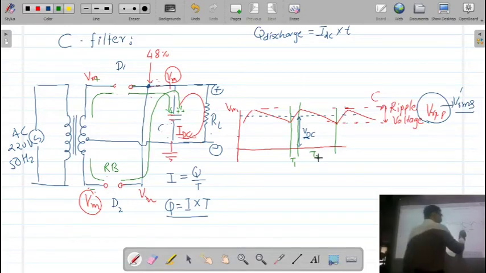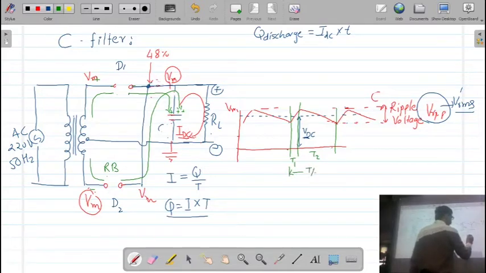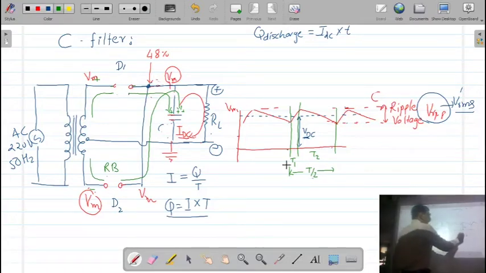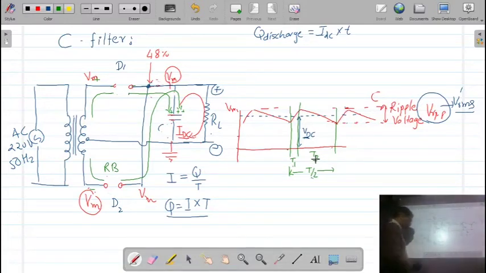So the total time period here is T by 2, because here we have only a half cycle. During this time period of T by 2, the capacitor is charged for T1 and discharged for the time period of T2.